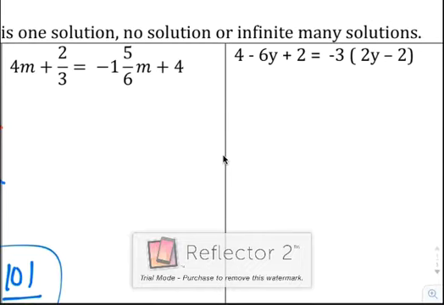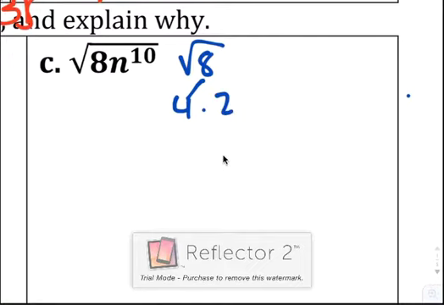C, square root of 8 n to the 10th. We need to do 8 as 4 times 2, and then n to the 10th. The square root of n to the 10th is n to the 5th.